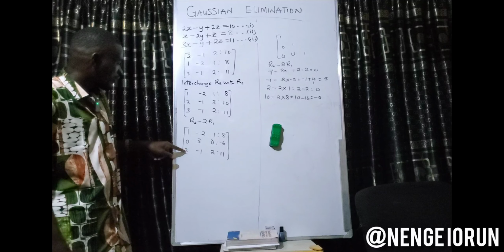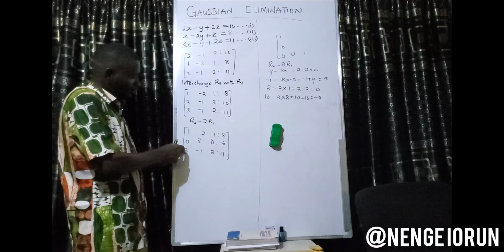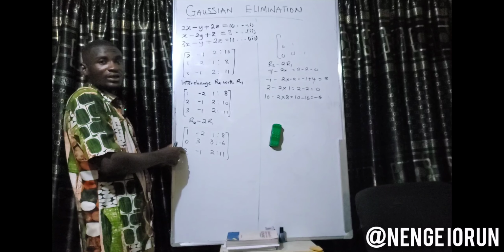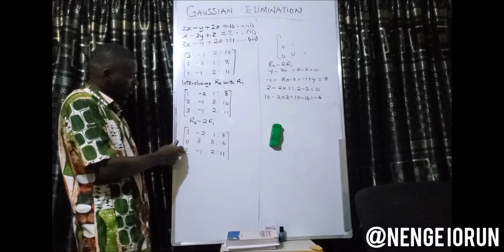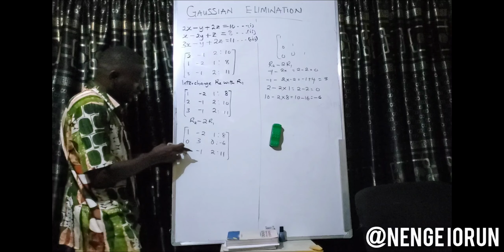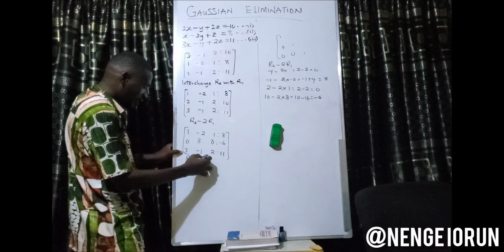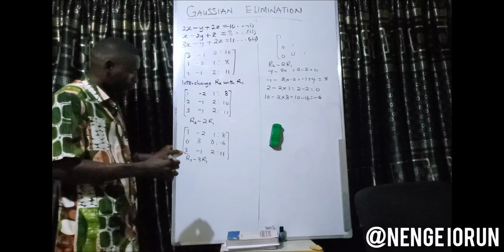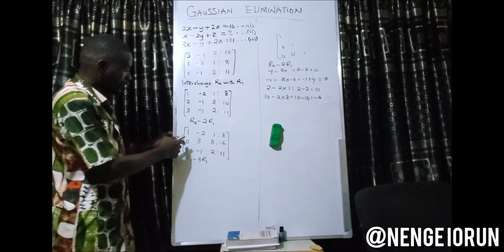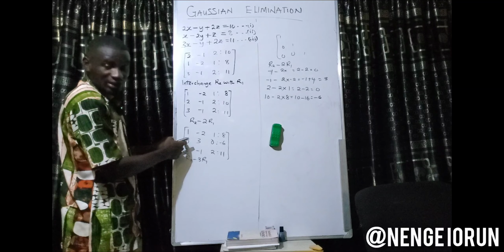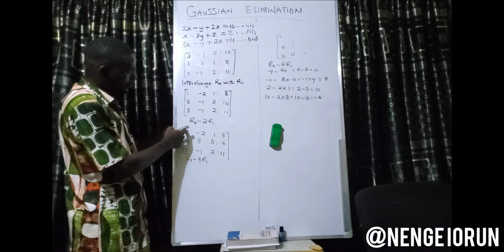To make this one 0, what we are going to do is 3 minus 3 will give us 0. So how can we get the other 3? This 3 is on row 3. You say row 3 minus 3 times row 1, because you cannot multiply by 0, it will still give you 0. So that is why we are moving to row 1.